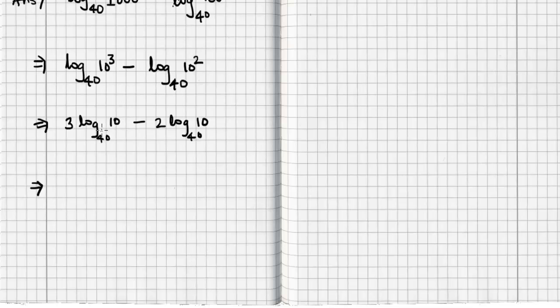Now this again using law 2, we can write this as 3 log 10 to the base 40 upon 2 log 10 to the base 40. You can cancel this out and we have 3 upon 2. Hence 3 upon 2 is your answer to this question.